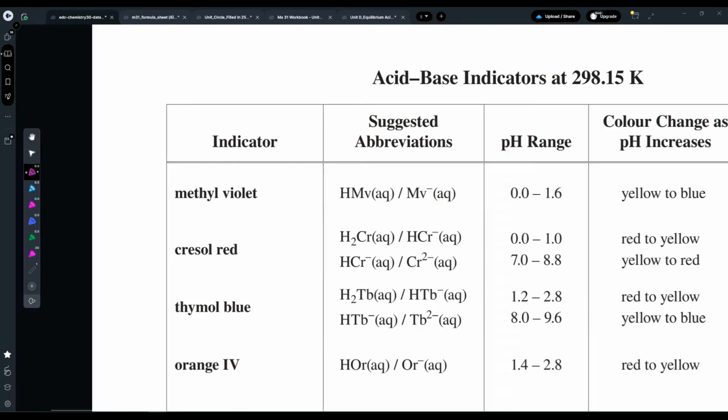Now, the reason why this is important is because the acidic form of the indicator is one color and the basic form of the indicator is a different color. And these differences in colors help us to figure out what pH range a solution can be.